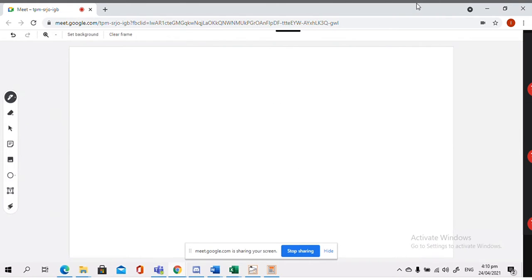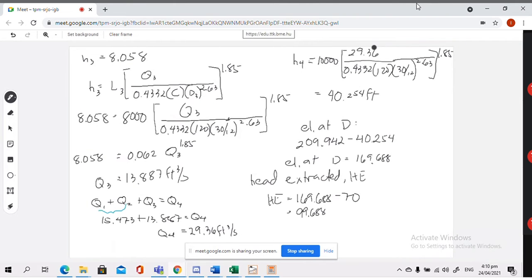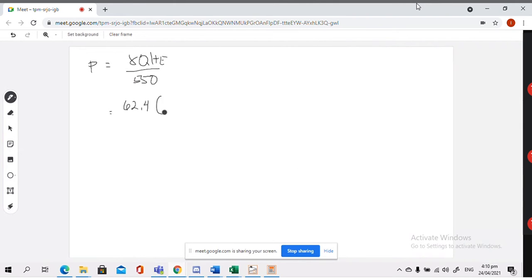So power extracted, remember, is gamma Q HE. Since it is the English system, divide by 550. The unit weight of water is 62.4. What is Q? 29.36.